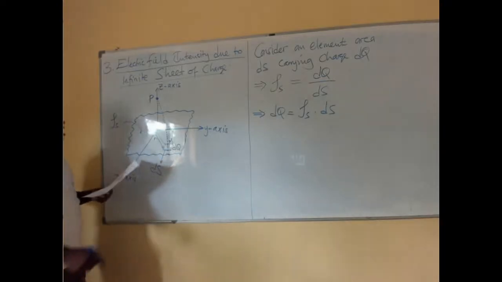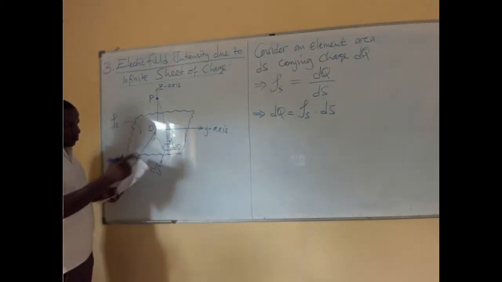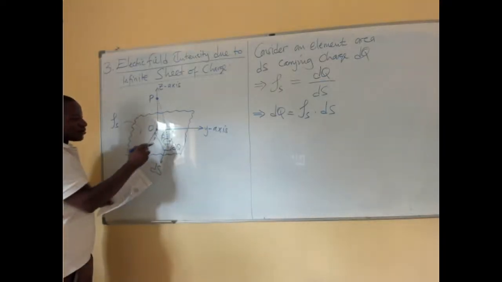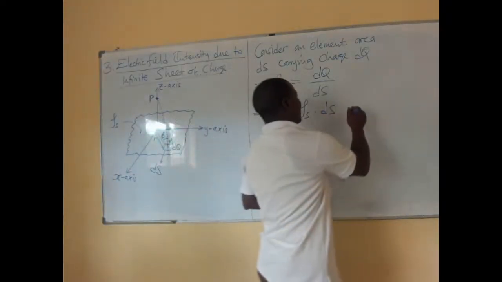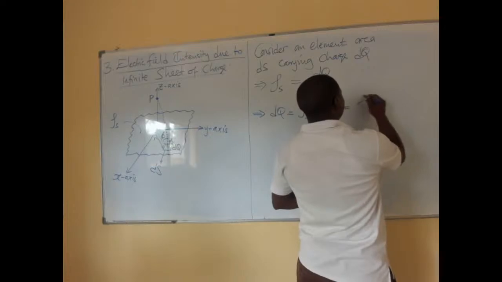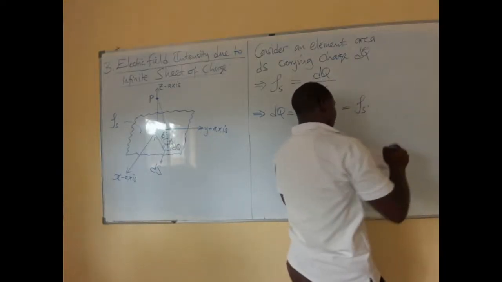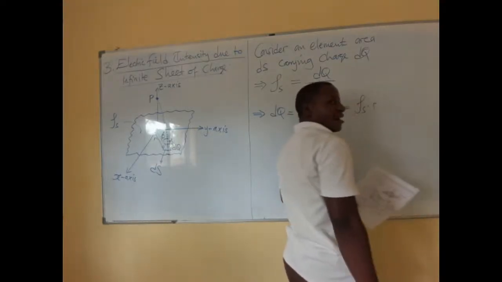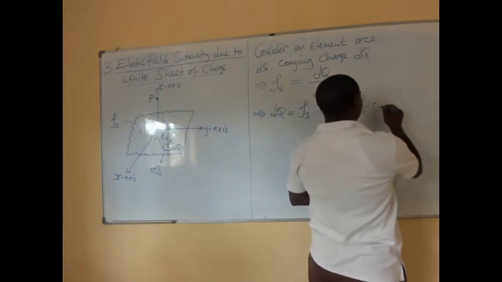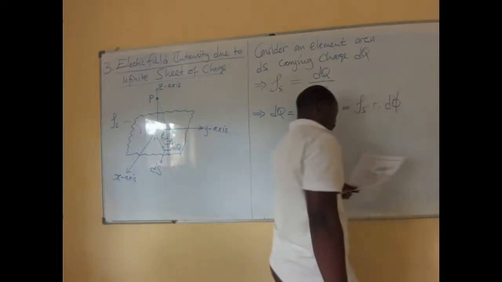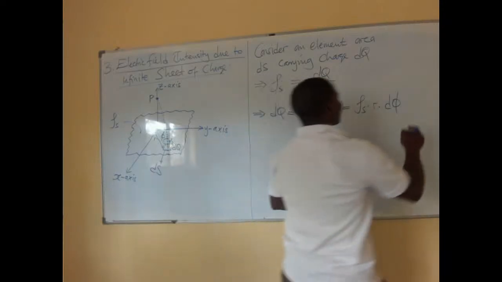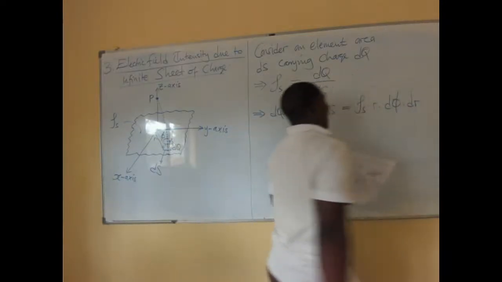Then we also have the angle, which is this one here, which we are calling phi. So we can write this straight away as the surface charge density multiplied by the radius r, multiplied by the phi, then the r.